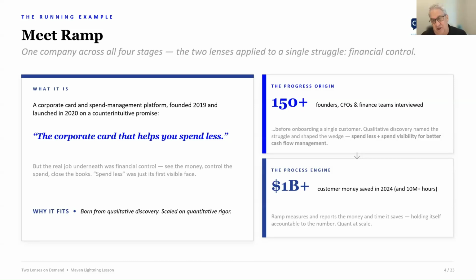Now, you can imagine in a business context that your average CFO is not too enamored with this idea of spend more, right? That they want to control costs. They want to manage expense. They want to manage forecasts. They want to manage cash flow.